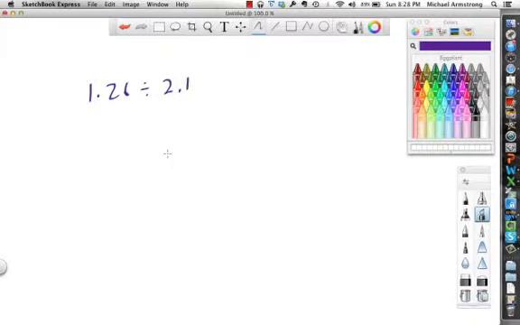In this case, I'm going to turn it and we'll do it both ways. This is 2.1 goes into 1.26.